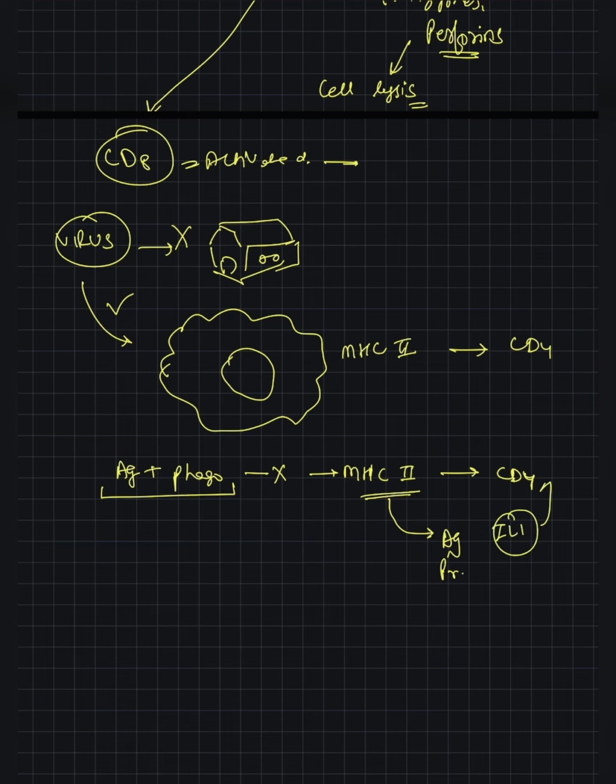It is known as antigen presentation. In case of viral antigen, CD4 will release interleukin 2. But in case of normal antigen, the CD4 releases interleukin 4. We need to remember this thing.